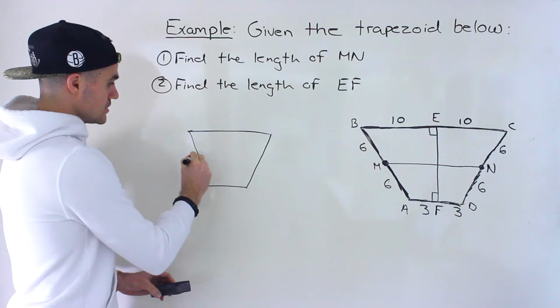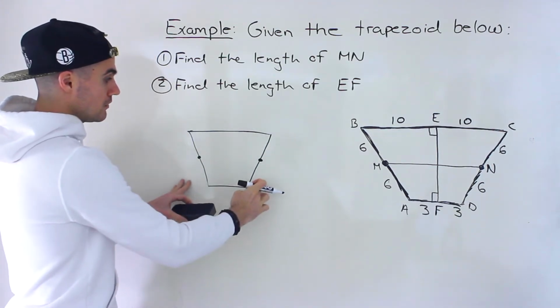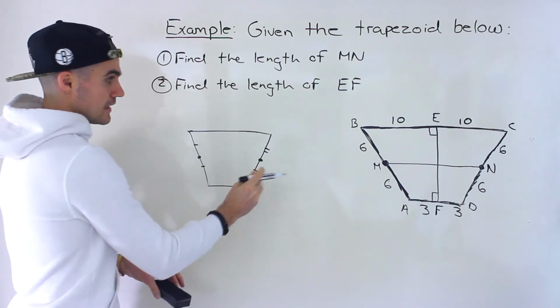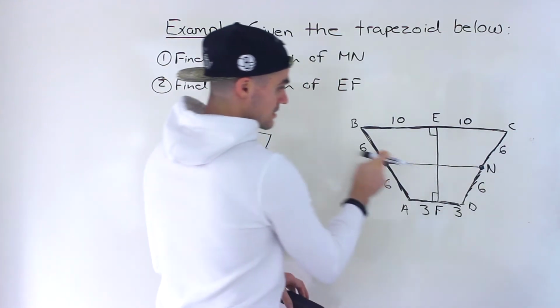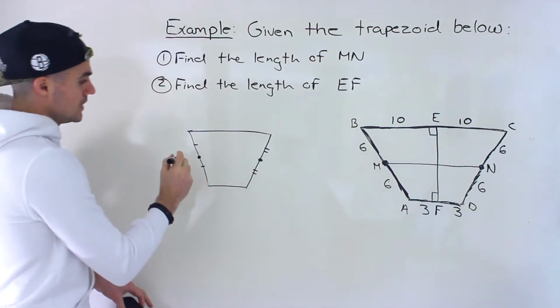So as a review, if we have midpoints over here on the non-parallel sides, meaning this and this are the same, this and this are the same. In this particular question, it's 6 and 6, but these don't necessarily have to be the same as those right there, but in this case they are.